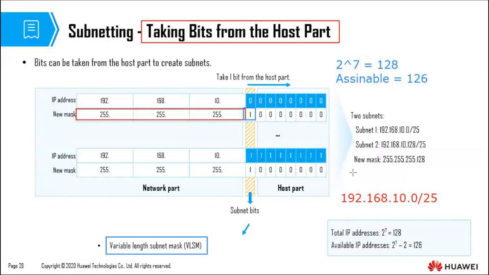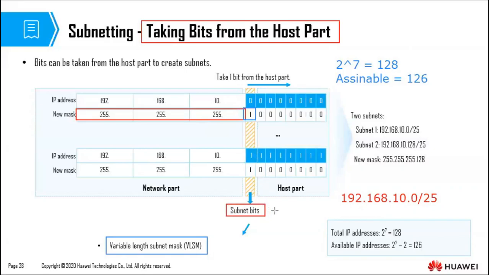Now, when we use variable length subnet mask, in order to get the network address and the broadcast address, you have to use the logical AND. You remember the logical AND that I talked about? For you to get the network address, you do the logical AND between the mask and the IP address. Now, when we borrow 1 bit, that is what we call the subnet bits.